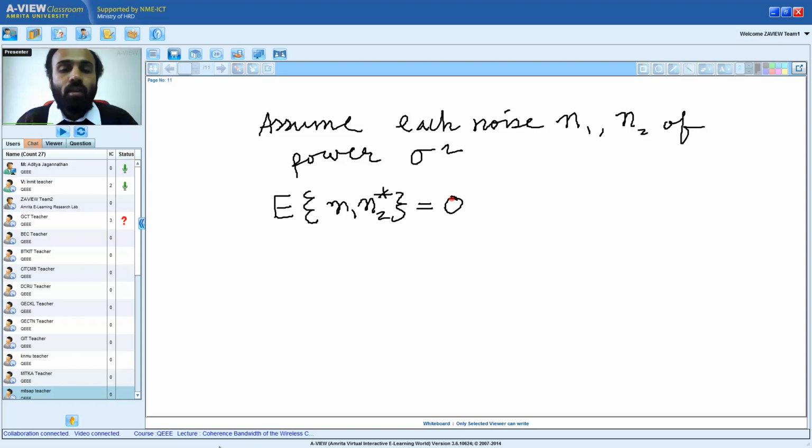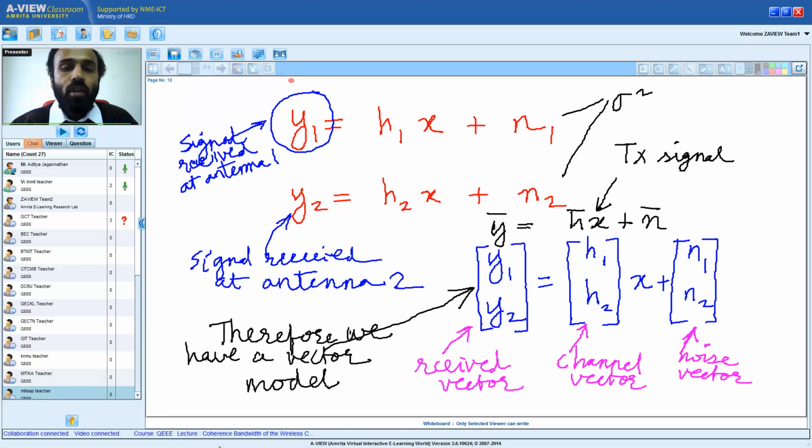That is, these noises have equal power sigma square, and the noise at the different antennas is independent.